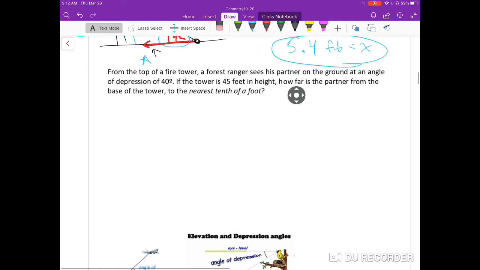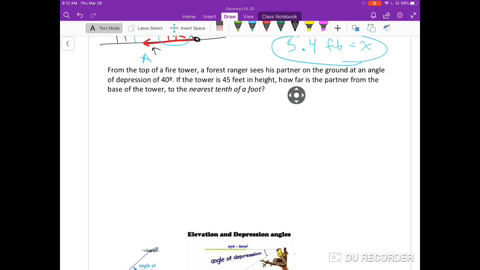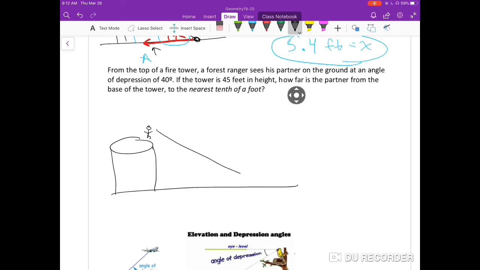Question 2: from the top of a fire tower. I don't know how to make a fire tower, but we're just going to draw something that looks like this. A forest ranger sees his partner at an angle of depression of 40 degrees. Like we said, the angle of depression is outside the triangle, so it's going to go here.